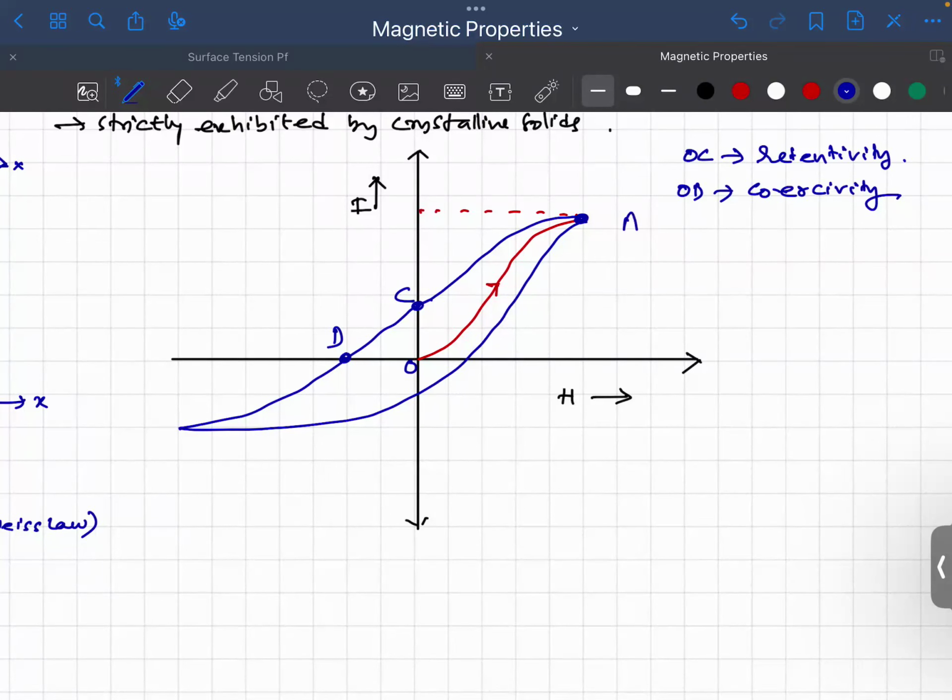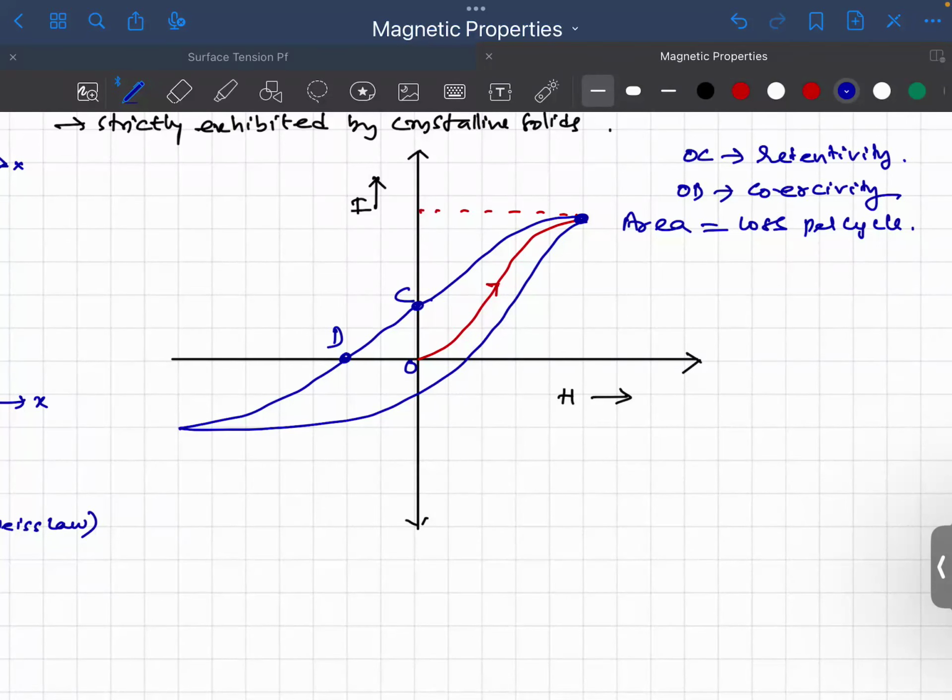And the area gives loss per cycle. Loss, purely loss. Every cycle, the loss. Even with elasticity, you will face the same situation. Area provides loss.